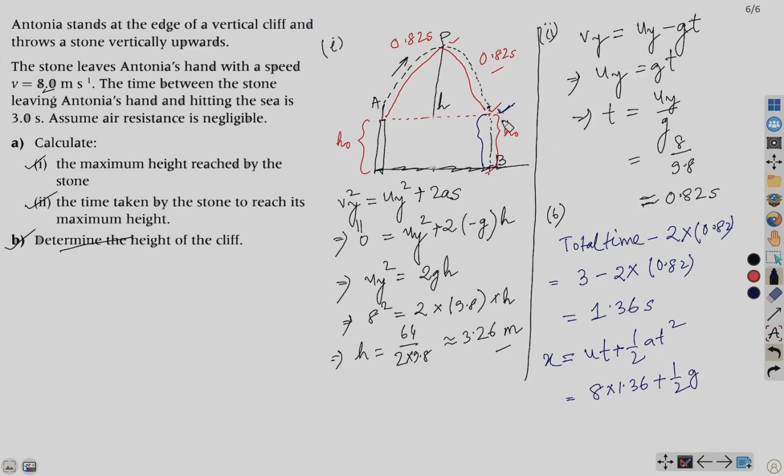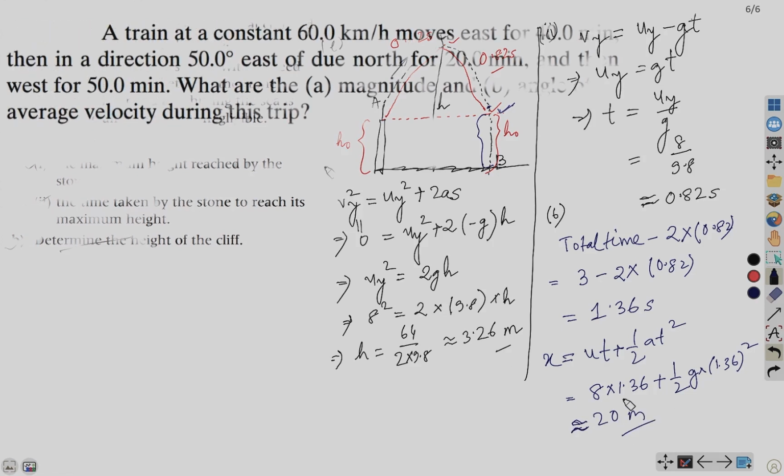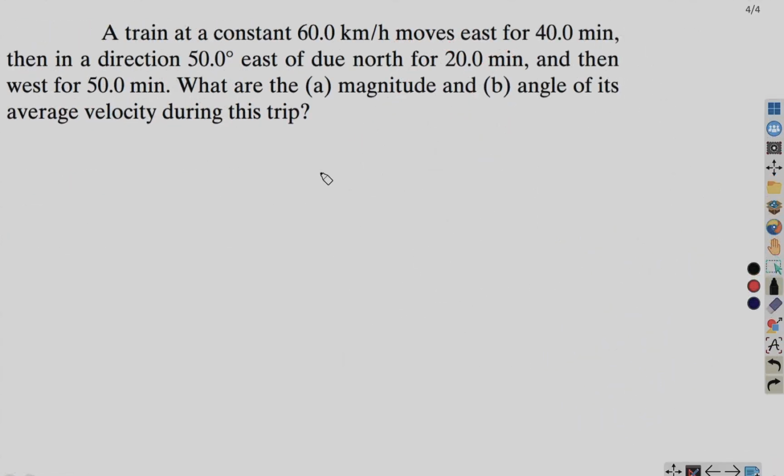Our acceleration, since the particle is falling downwards, right? And acceleration is also acting downwards. Therefore, in this case, our a will be plus g multiplied by 1.36 square. And if we now simplify this, we obtain the height of the cliff almost 20 meters. Okay.